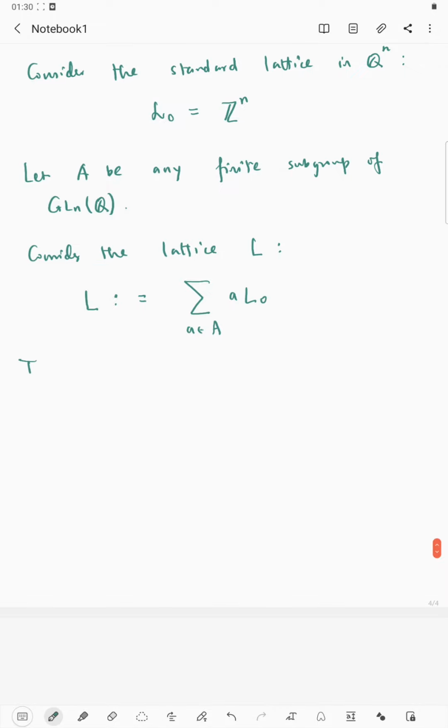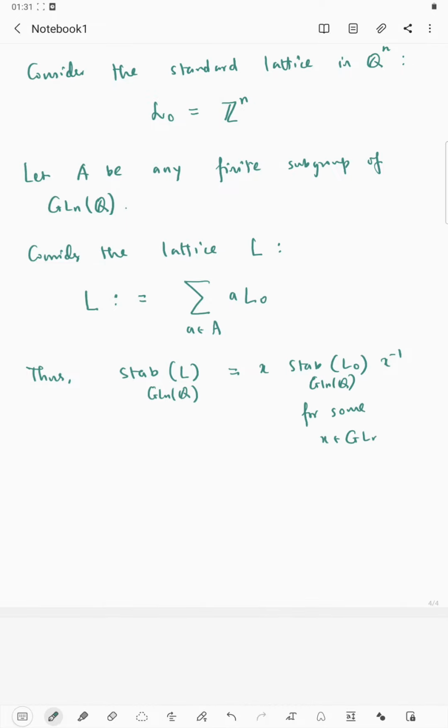So thus the stabilizer of L inside GL_n(Q) is conjugate to the stabilizer of L_0. So it is nothing but x times the stabilizer of L_0 in GL_n(Q) times x inverse, for some x inside GL_n(Q).